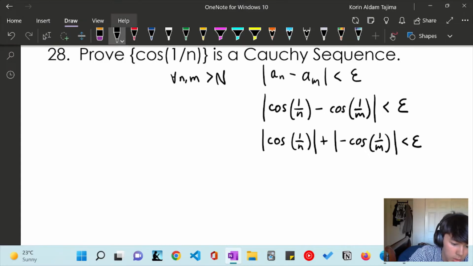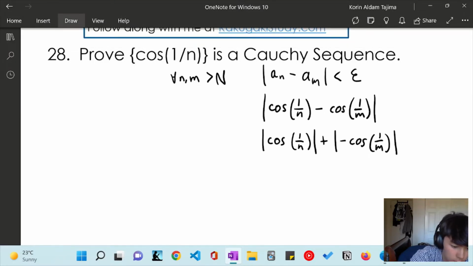Actually, I'm going to stop writing less than epsilons for this problem because that's just going to get very confusing. So we know that this is going to be less than or equal to this up here because of the triangle inequality.